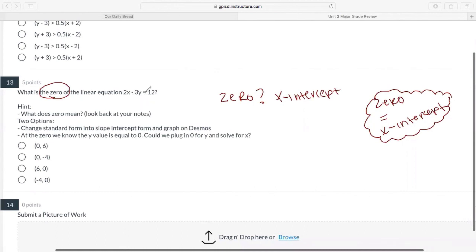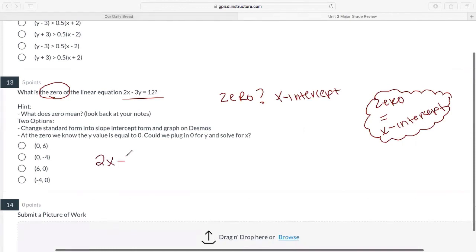There are two ways to solve this problem. No, plugging this into Desmos and looking at the graph is not an option like this. Because I've already said it, and I don't know if everyone knew this, but last year they changed the guidelines for Desmos. You can't just plug it in standard form. It would have to be in slope-intercept form. So you have two options.